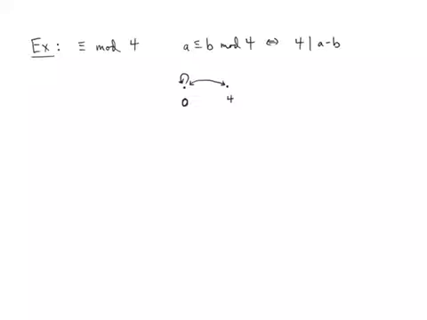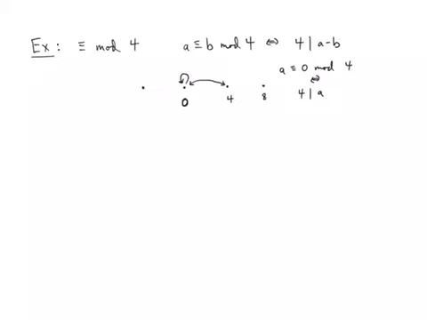Okay, and so what other things are related to 0 mod 4? Well, a is equivalent to 0 mod 4 if and only if a minus 0 is divisible by 4, right? So if and only if 4 divides a. So every multiple of 4 is going to be related to 0.